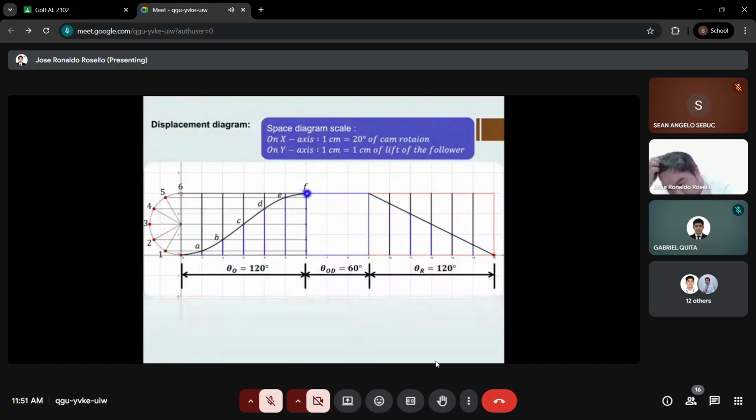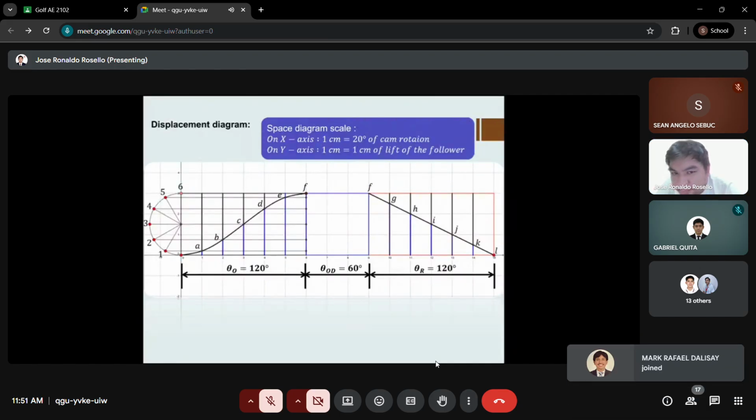Then there is a dwell period, so it will remain at this particular position for 60 degree of rotation. Then the return stroke is of uniform velocity, so join this diagonal like this, and these are the points, that is F, G, H, I, J, K.